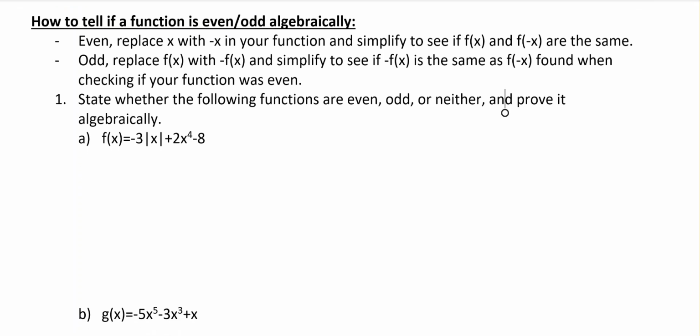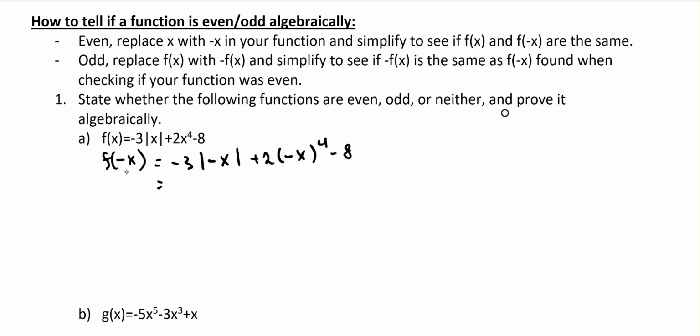So in a problem like A here, I'm going to do just that. I'm going to ask, what is f of negative x? So every x is being replaced by negative x, plus 2 times negative x to the fourth minus 8. And notice I'm using parentheses. Use parentheses very liberally when you're doing these problems. Simple algebra mistakes, like dropping the parentheses and not raising something to the right power or not distributing something, are one of the most common ways people make mistakes on these.